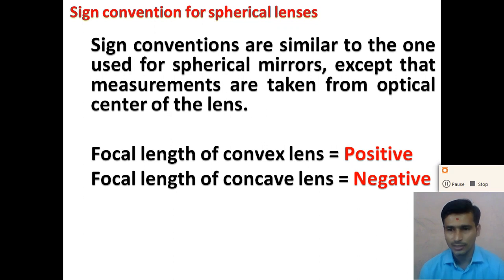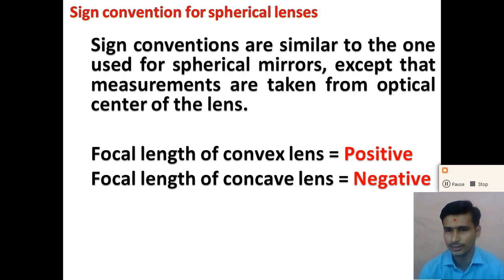So understand, the same sign convention we used in the spherical mirror, we use in the spherical lens, right? Here all the distances are measured from the optical center, right?